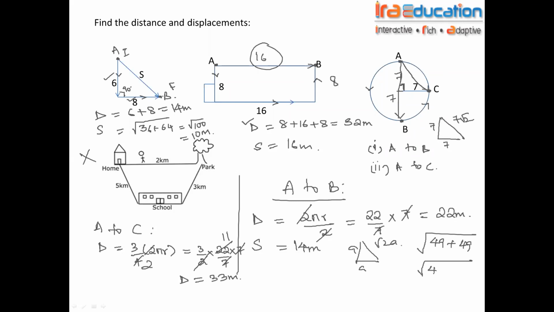If I take 49 common, root over 98, which is 49 into 2. So 49 can be written as 7 outside and 2 inside. But I would recommend not to do all this calculation. The moment you see an isosceles right angle triangle, then the hypotenuse is A√2.